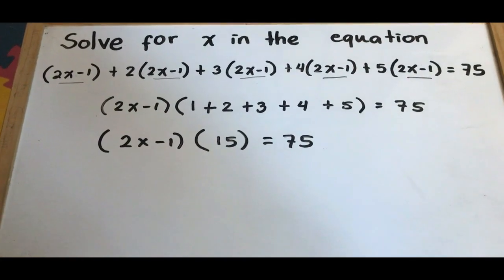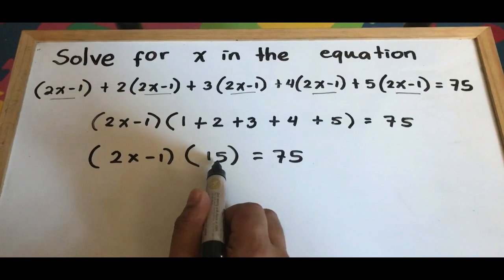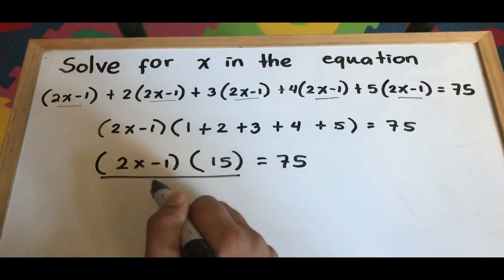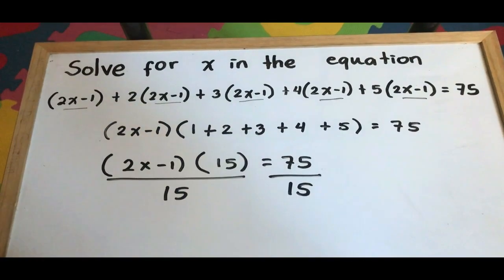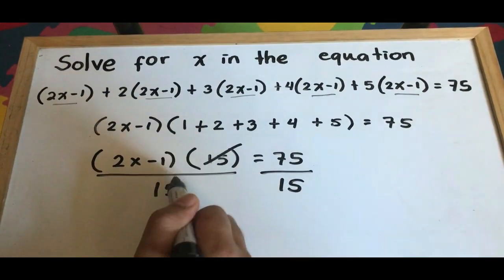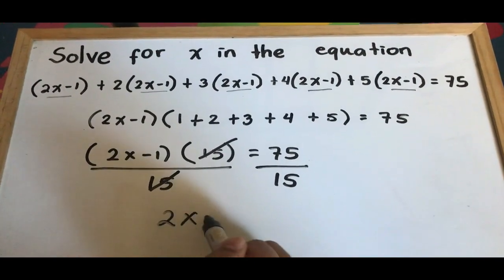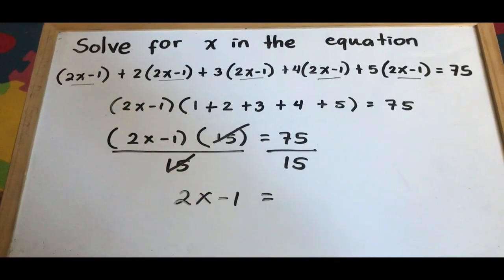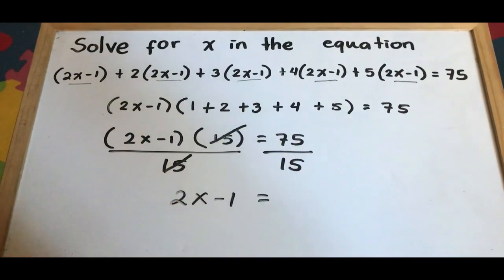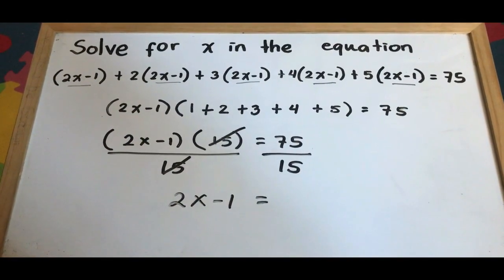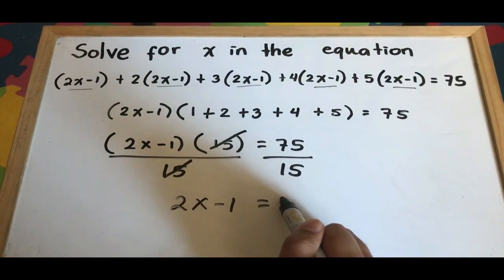This time, para mas mabilis, pwede nating i-divide yung equation ng 15 para ma-cancel si 15. So, cancel out. Ang maiiwan na lang dito ay 2x minus 1 equals 75 divided by 15. Ilan yun? So, meron tayong 5.